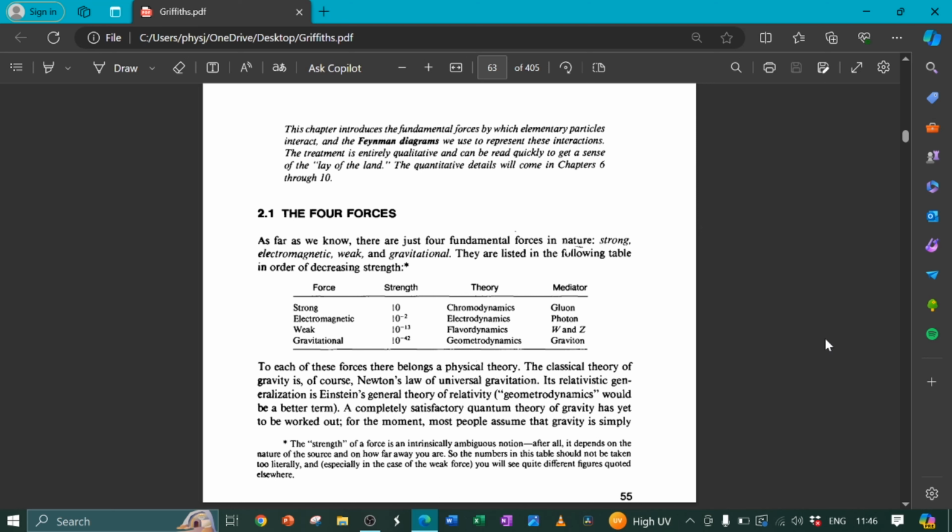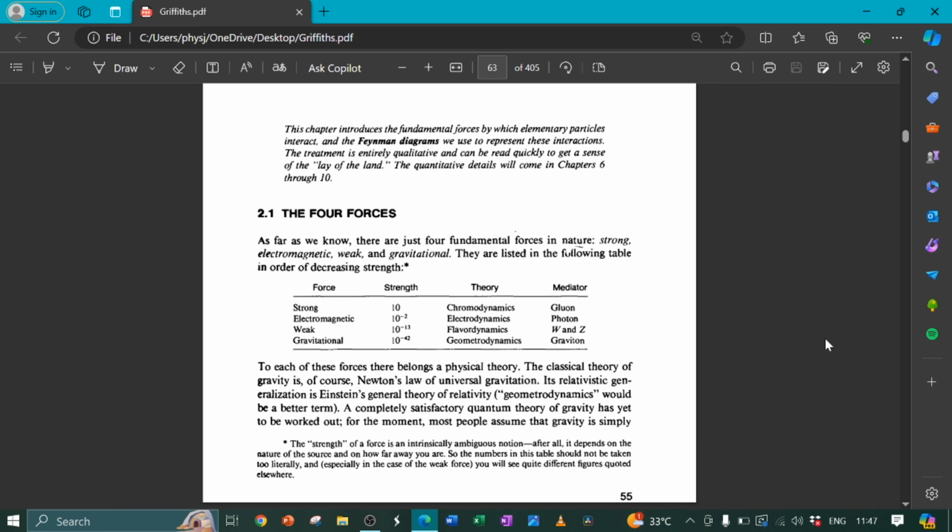Electromagnetic force, strength 10^-2, electrodynamics, mediator: photon. Weak force, strength 10^-13, theory: flavor dynamics, mediator: W and Z. Gravitational force, strength 10^-42, theory: geometrodynamics, mediator: graviton.